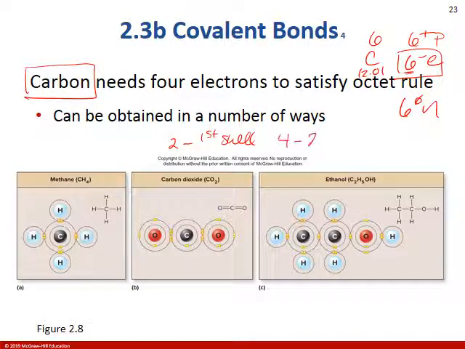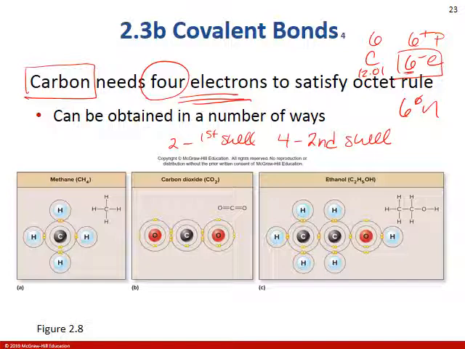You're going to have 4 in the second shell, and that's telling you it's going to want to share 4 electrons in order to satisfy that magic 8 number, that octet rule. So you'll see that carbon will usually covalently bond, share electrons, with 4 other atoms.